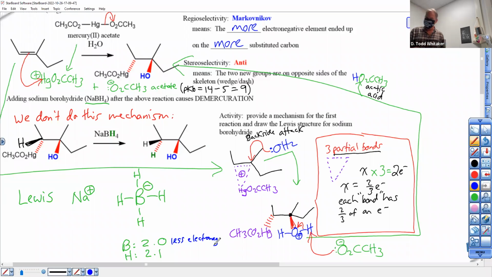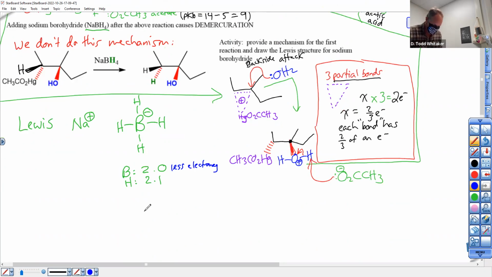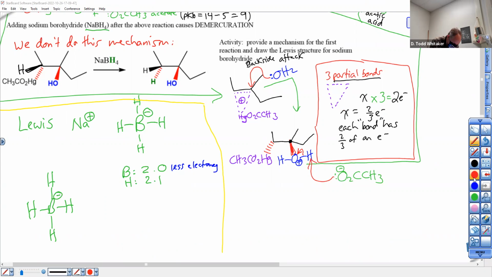This doesn't. But the chemistry, you know, you're not responsible for anything down here. I should have told you, stop writing. You didn't need to write any of this down. The nature of borohydride is this. Hydrogen's there, and it's telling boron, I'm more electronegative than you. I'm just taking my electrons. I'm going home.